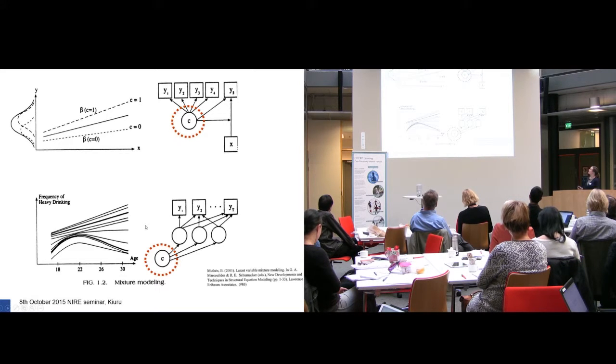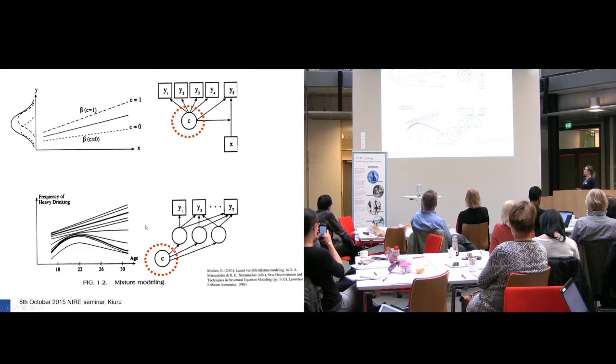In this example, subgroups are identified based on the means of Y variables, but also based on the regression coefficient from X to Y. So it might be that this regression is stronger in one group than in the other.